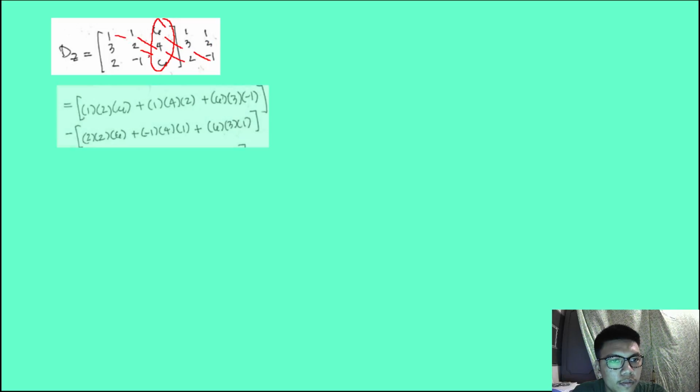Okay, so last, for the z, solving for z, so pinalitan lang natin itong column na to, no? Okay. Tapos diagonal ulit. Okay. So we have here 1, 2, 6, 1, 4, 2, 6, 3, 1, 6, 3, negative 1. So for upward diagonal, so 2, 2, 6. So negative 4, 1, then 6, 3, 1, ano?